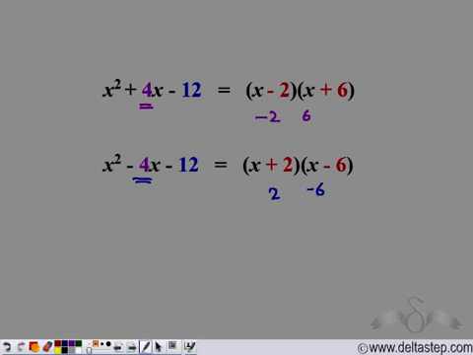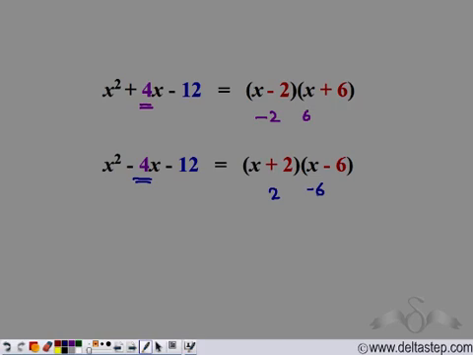So can you find a pattern here? Well, when you have a positive middle term, the higher of the two factors will be positive because only then their sum will be a positive number. When you have a negative middle term, the higher of the two factors will be negative because only then their sum will be negative.